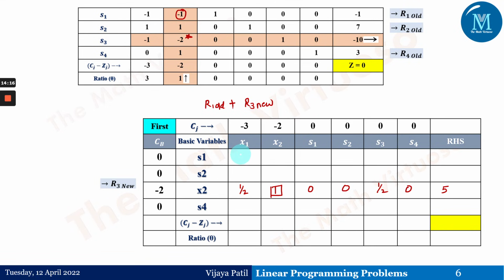That first row becomes minus 1 by 2, 0, 1, 0, minus 1 by 2, 0, and the RHS becomes 4. Same thing with S2. I'm going a little fast over here because we have already discussed this in detail in previous cases. Please do follow the previous sessions. I am concentrating here on making you understand the dual simplex.